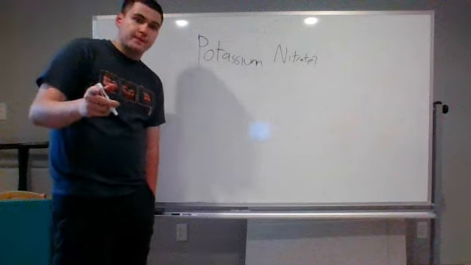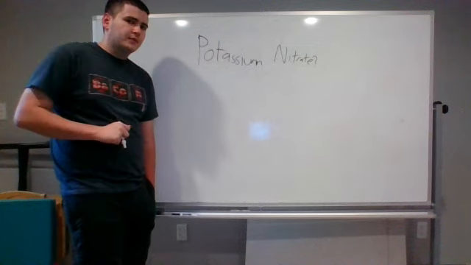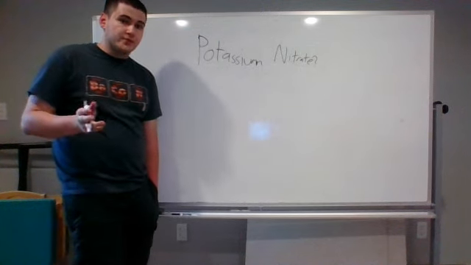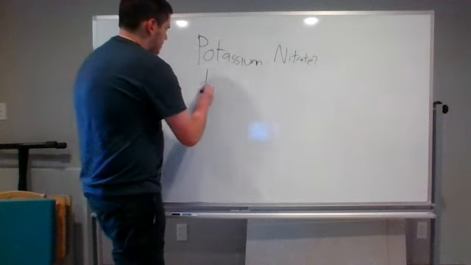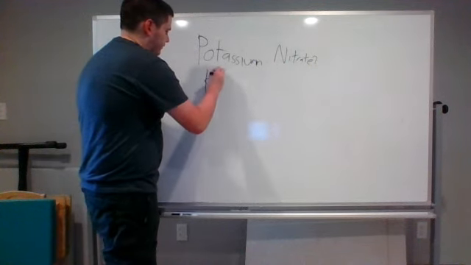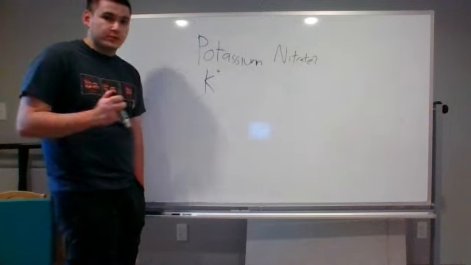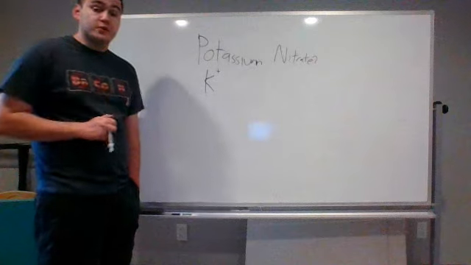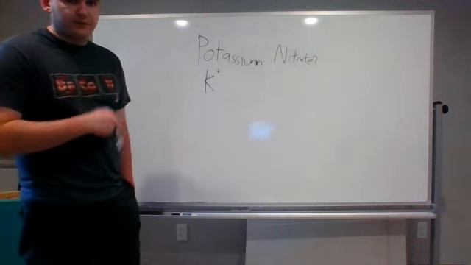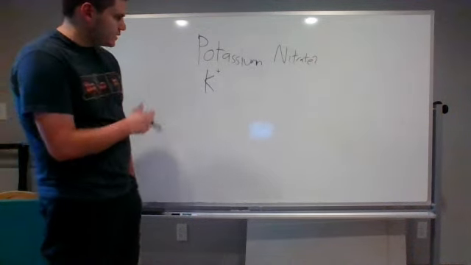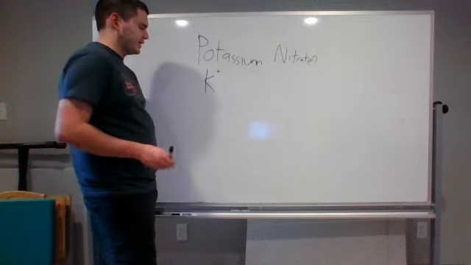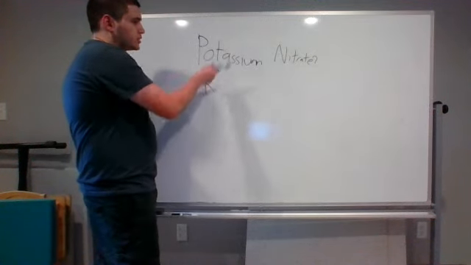Well, we know potassium is in the same column as sodium is, and has the same charge. Potassium is K, from the Latin kalium. For some reason, that's what they wanted on the periodic table. Same thing with sodium, by the way, it's natrium, Na. So you have a K and a plus.